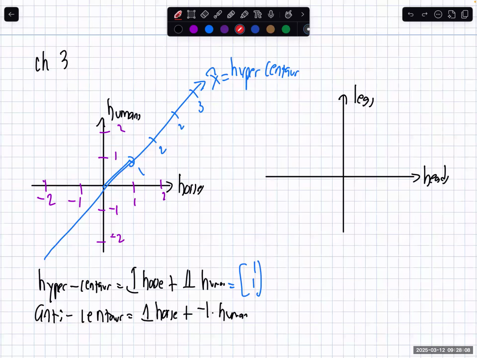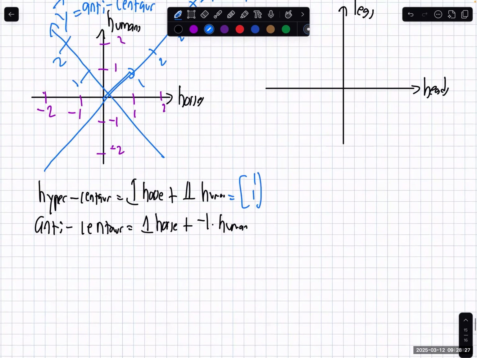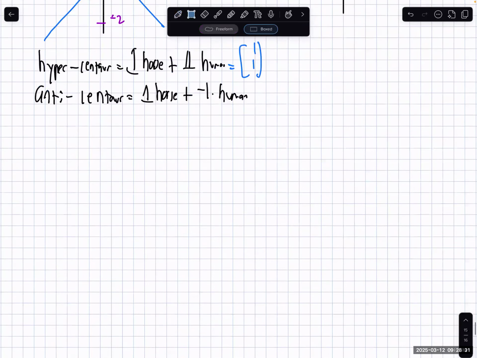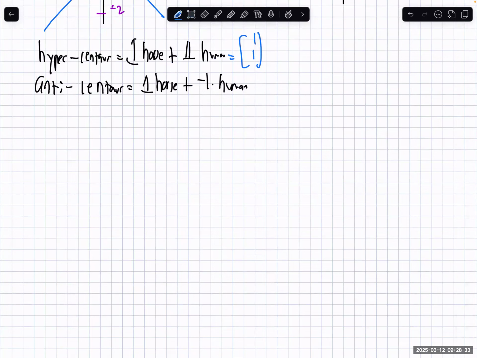I guess we're doing these in the same color. Here's y hat, which is the number of anti-centaurs. Okay, so then, I'll do it this way. Do that blue, that works.